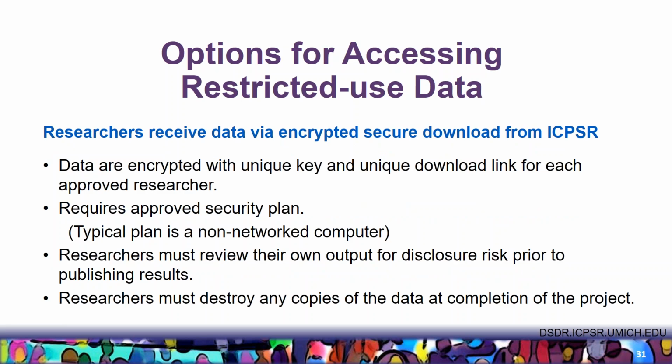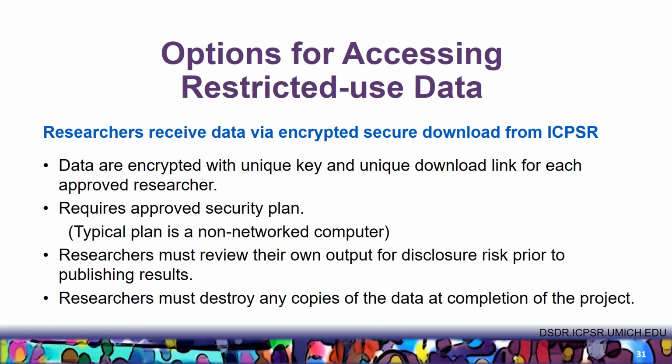So let's talk about each of these quickly. The researcher receives the data via an encrypted secure download from ICPSR. The data are encrypted with a unique key and a unique download for each researcher that expires after a specified period of time, a very short period of time. It requires an approved security plan. The typical plan is a non-networked computer.